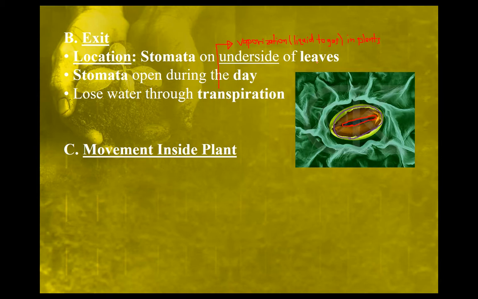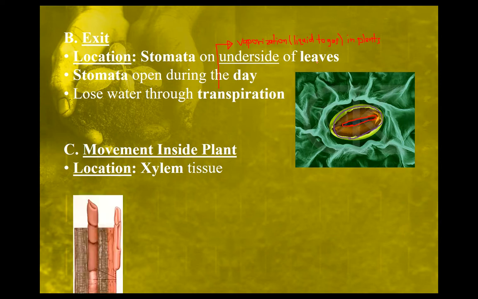Well, how about the movement in the plant? How do you get the water from the root hairs all the way up to the leaf where you have the stomata, where the water can leave? Water moves from the root hairs to the leaves through a part of the plant that is called the xylem tissue. You can just think of the xylem tissue as being like a large canal. So maybe I'll sketch a really poor picture here.